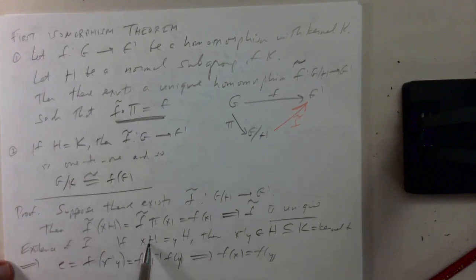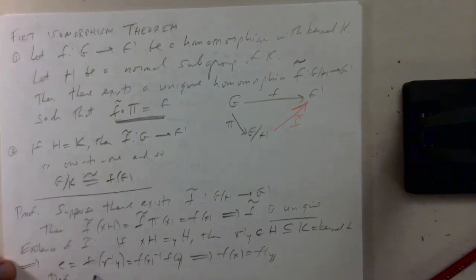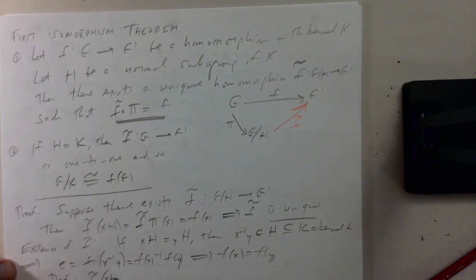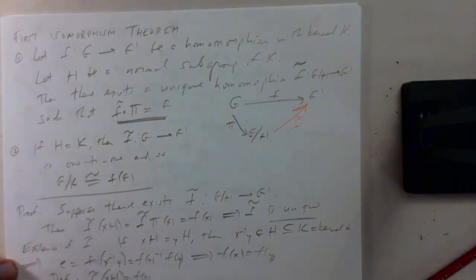So if you have one coset represented by x or by y, f of x equals f of y, and we define f tilde of xH to be f of x.